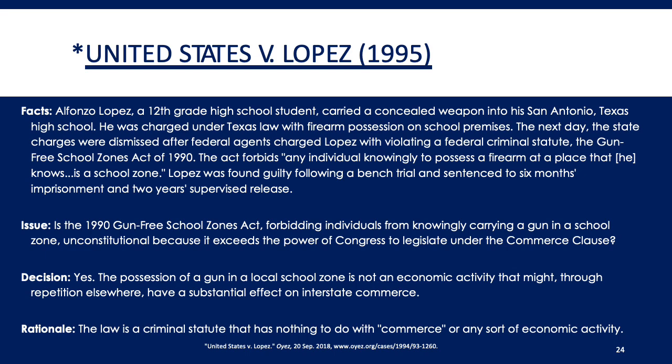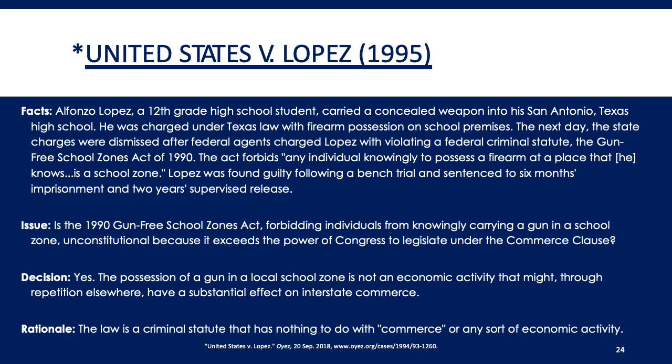And then local charges were dropped, but he was then federally charged. And so the issue was that they were discussing if the Gun-Free School Zone Act was an unconstitutional violation of the Commerce Clause.